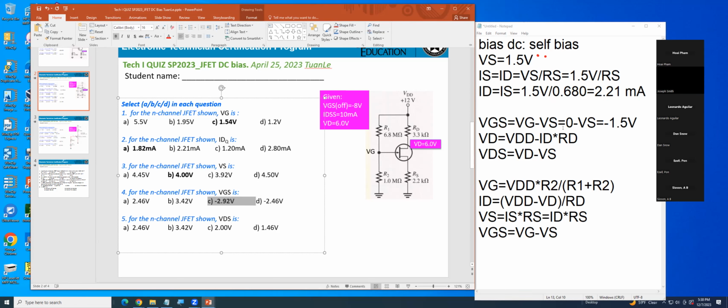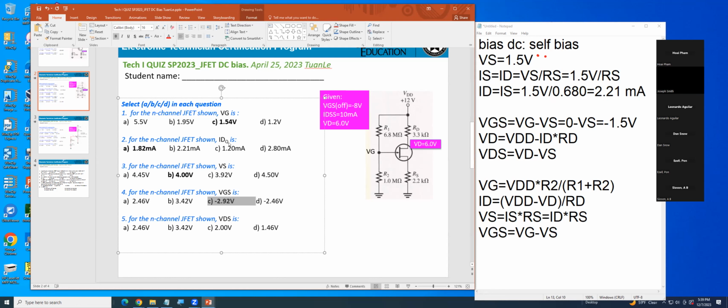Let's see, VG, you get 1.54 minus VS, 4. That's why you get negative 2.46. Let me check. Why is it 9.2 instead of 4.6? You do the calculation for me.